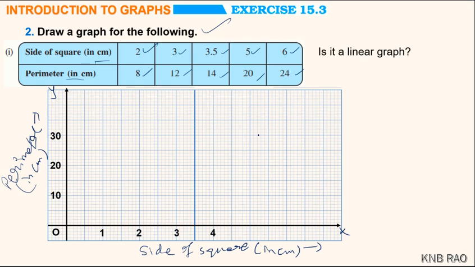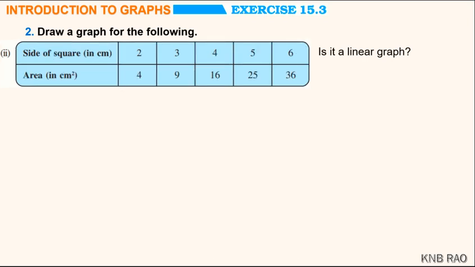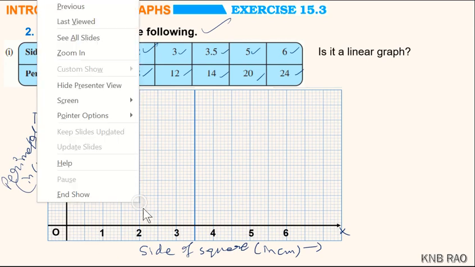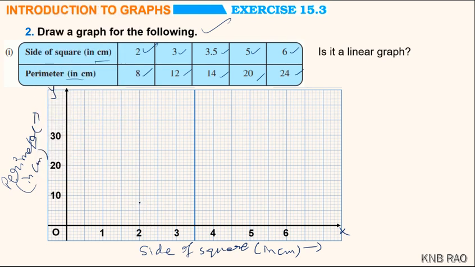Now after plotting the graph, for 2 centimeters 8, here is the point, for 3 centimeters 12 comes here, for 3 and a half 14 here. So like them I will be plotting.